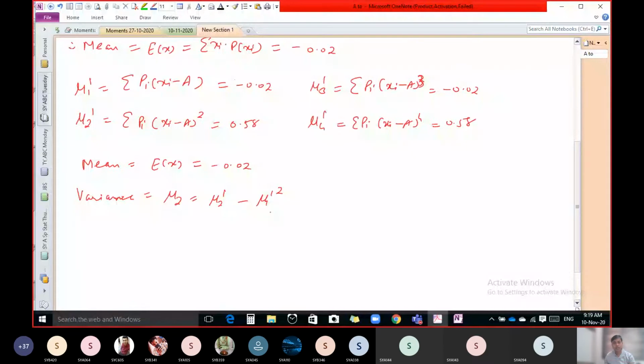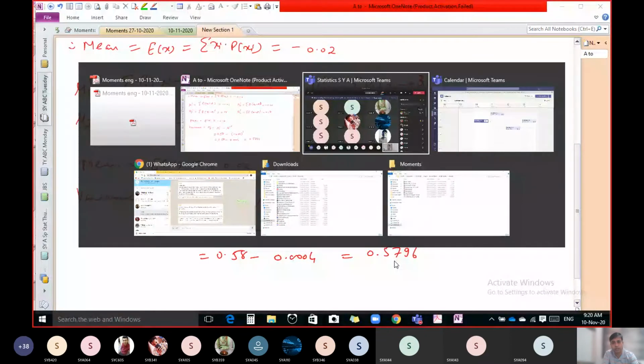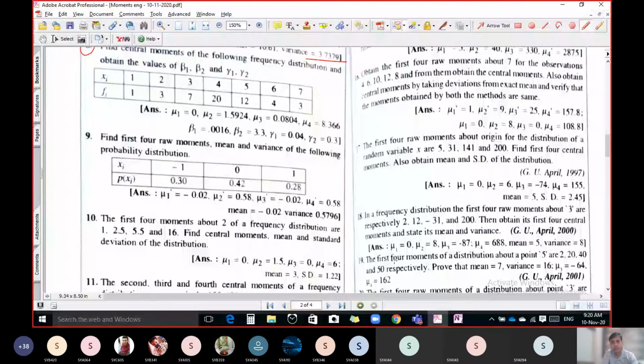So what is mu2 dash? 0.58 minus mu1 dash, minus 0.02 raised to 2. So 0.58 minus 0.0004. So ultimately the answer is 0.5796. So 0.5796 is the value of variance.